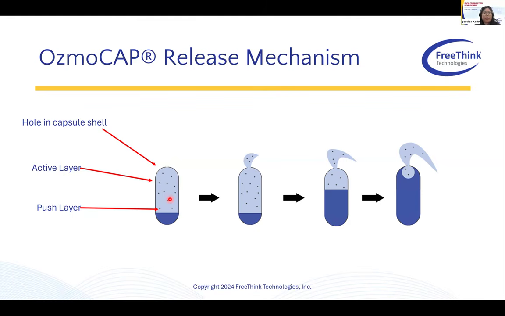A combination of pressure buildup and the push layer swelling will deliver the drug out of the hole as a viscous solution or suspension in a predictable zero-order release rate that is independent of the drug solubility.